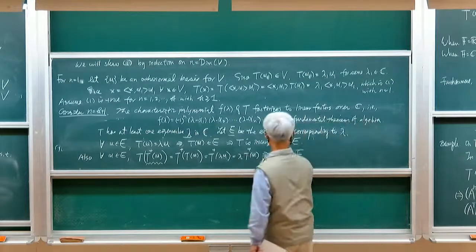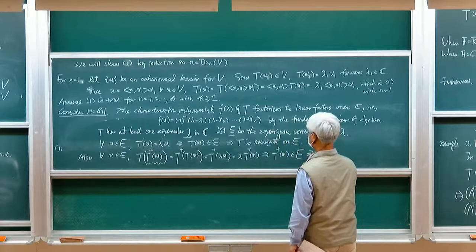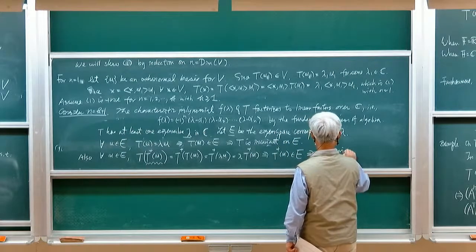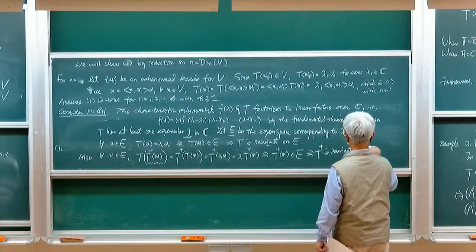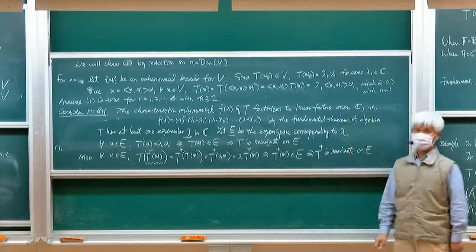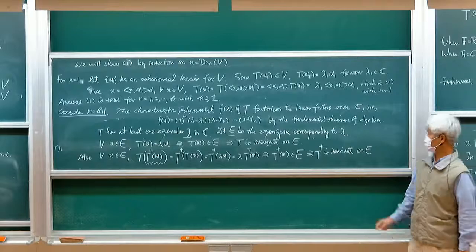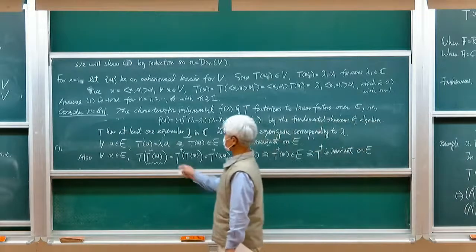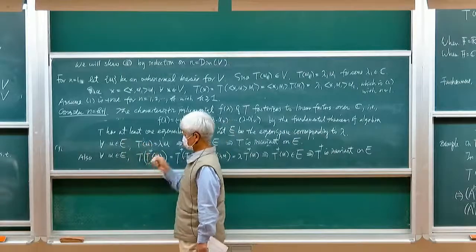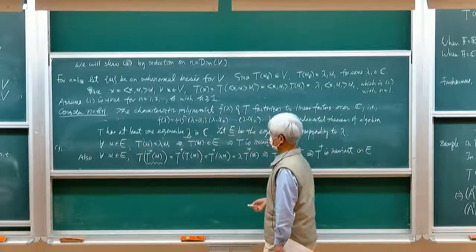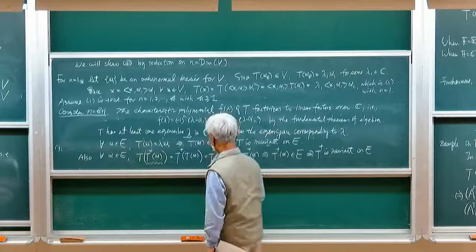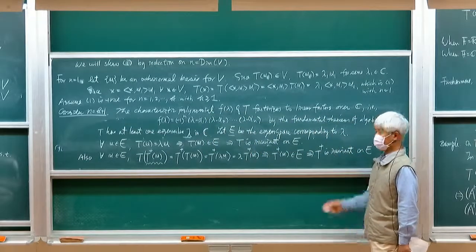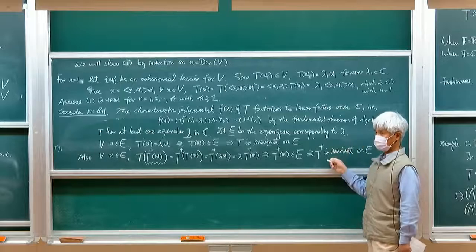All right, so this proves that T dagger is invariant on E. So E is an invariant space under T and also under T dagger. It's a little bit surprising, but this is the fact.